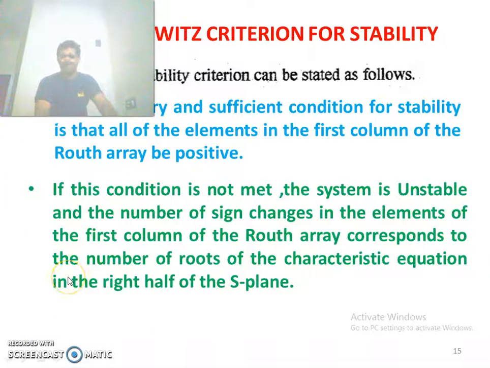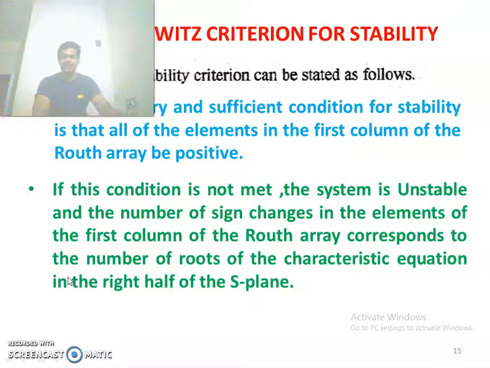If this condition is not met, then the system is unstable and the number of sign changes in the elements of the first column of the Routh array corresponds to the number of roots of the characteristic equation in the right half of the S plane. So, what is the necessary and sufficient condition for stability? All the elements in the first column must be positive.